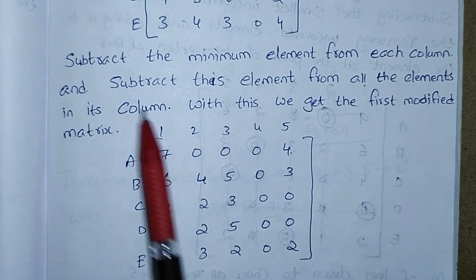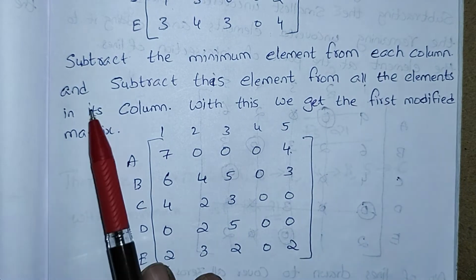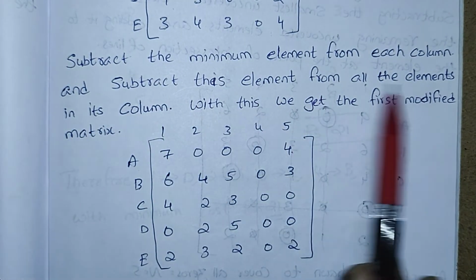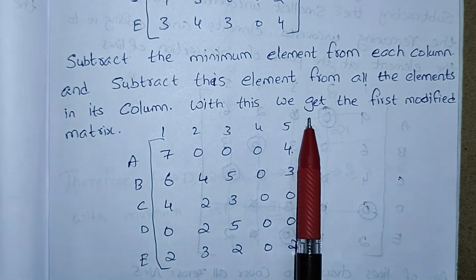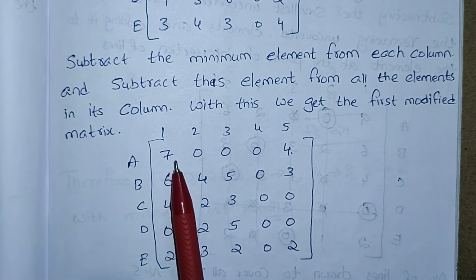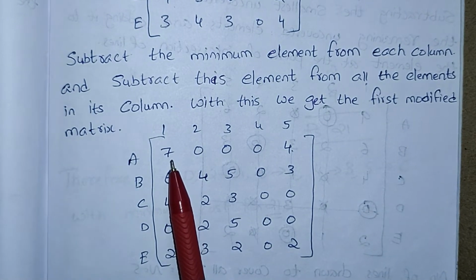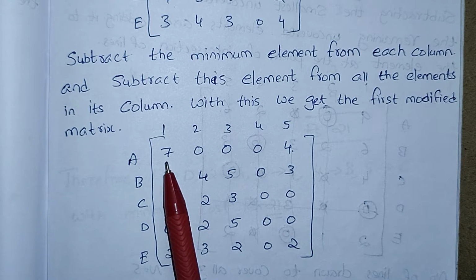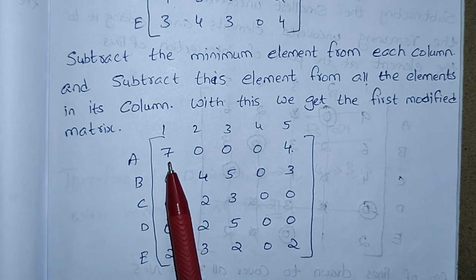Subtract the minimum element from each column, subtracting it from all the elements in its column. With this we get the first modified matrix. We have to subtract from the previous matrix only.